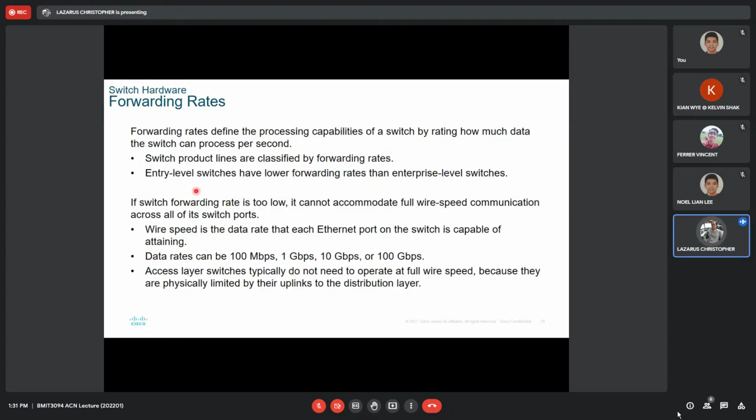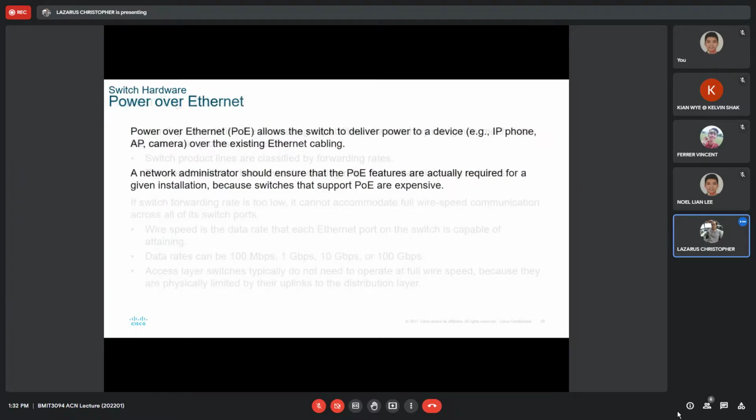It actually adds latency into your communication, right? Okay, so forwarding rate is important, basically, at the end of the day. It helps lower intermediate device latency.